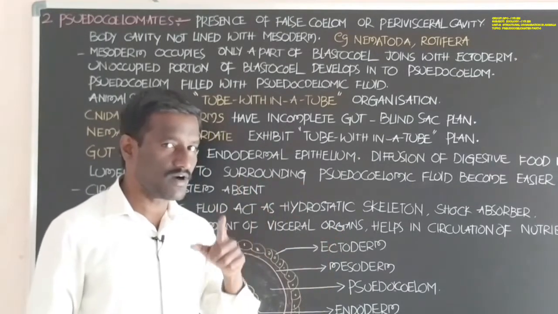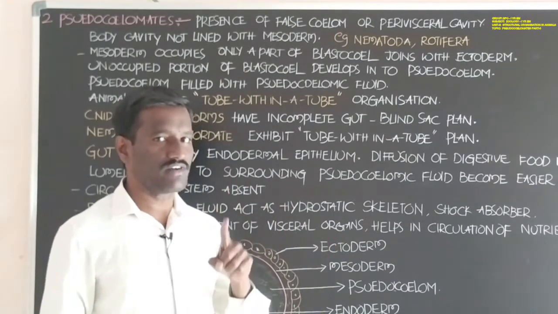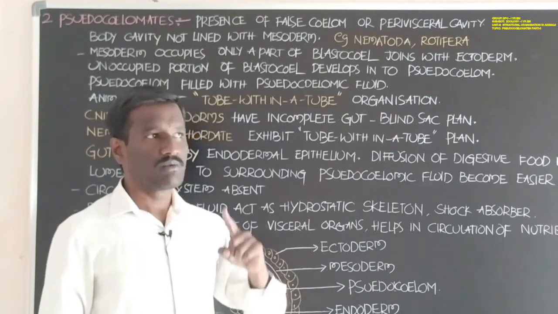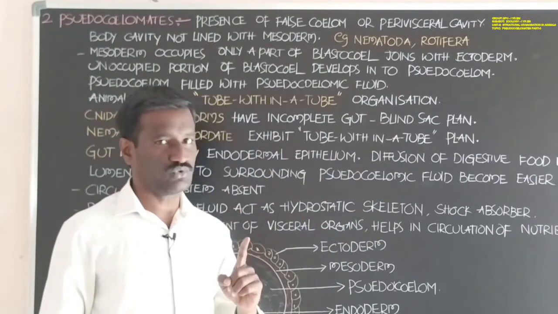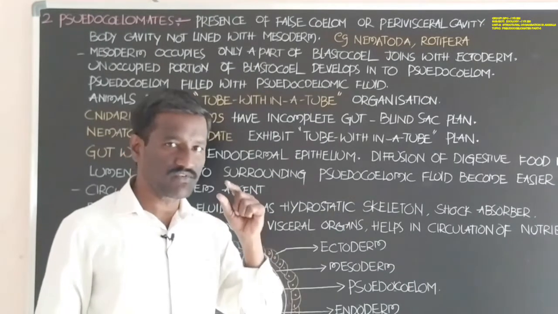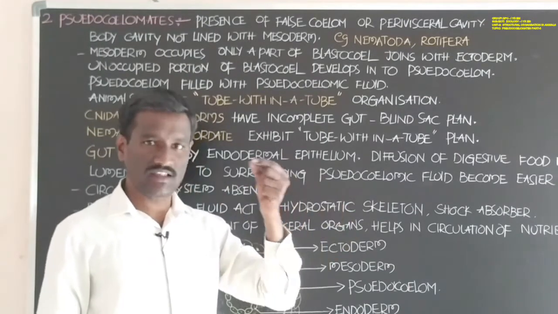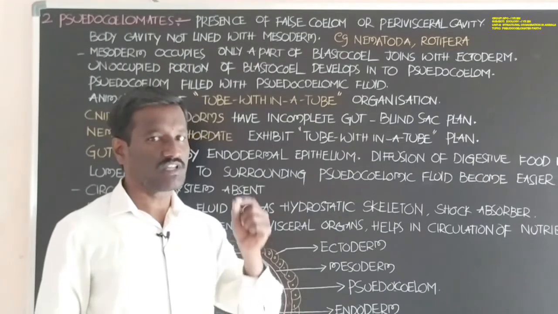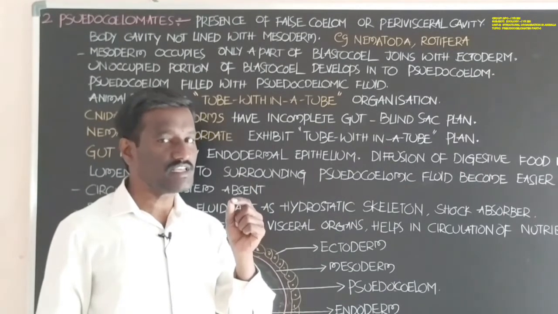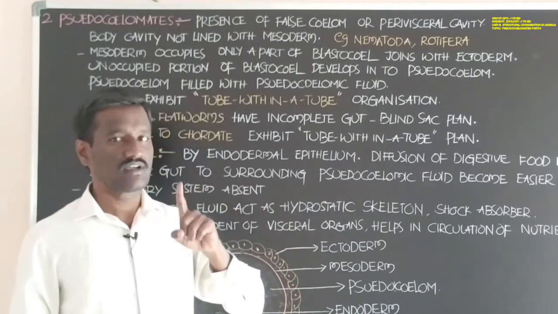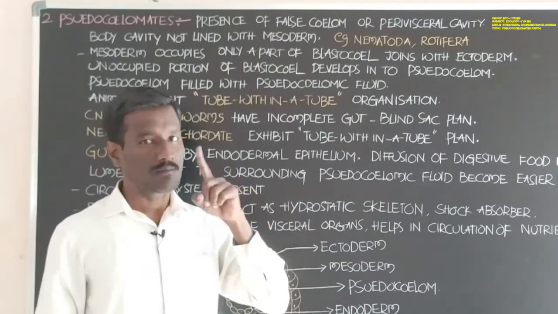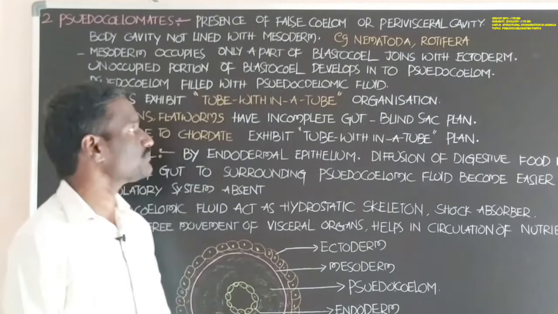When animals show a body cavity between the body wall and the food tube, or between the body wall and the visceral organs, and that cavity is formed by the mesoderm, that is called a true coelom or perivisceral cavity.